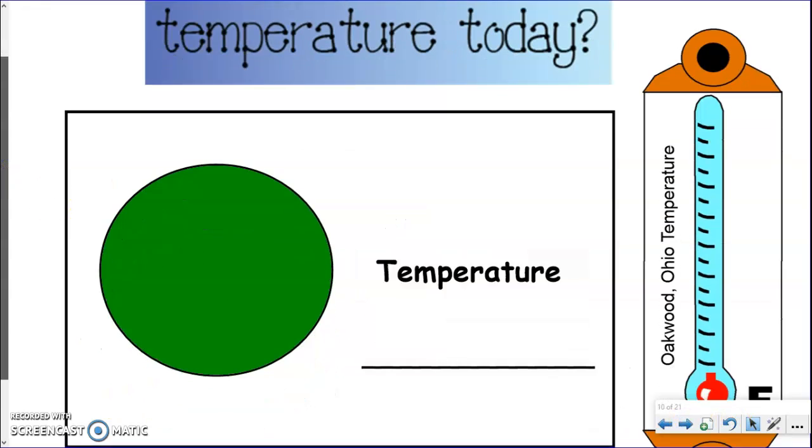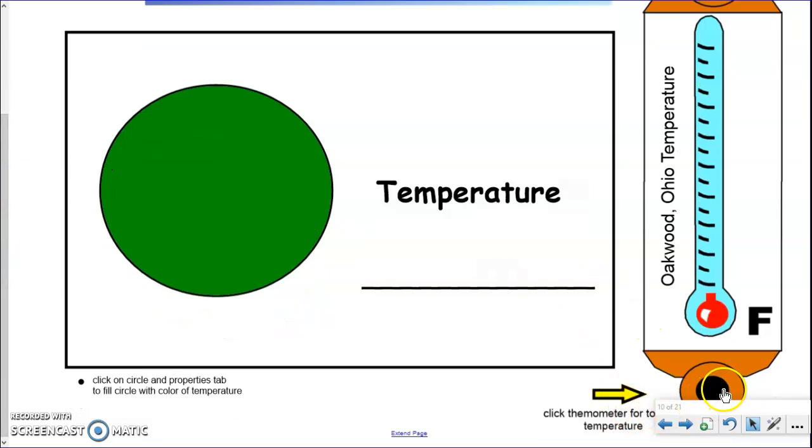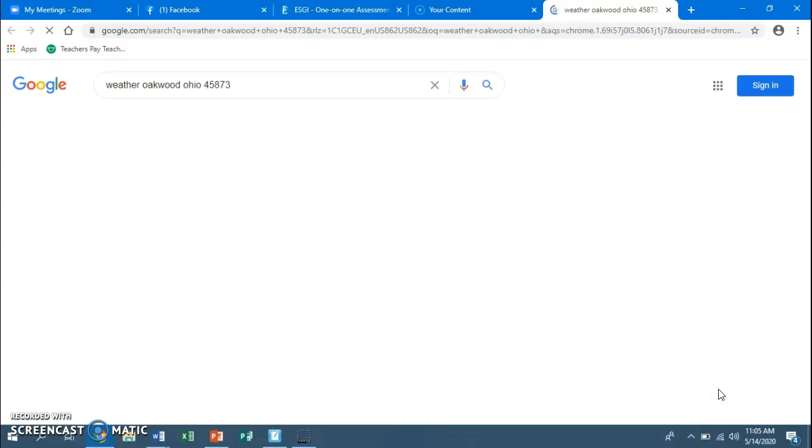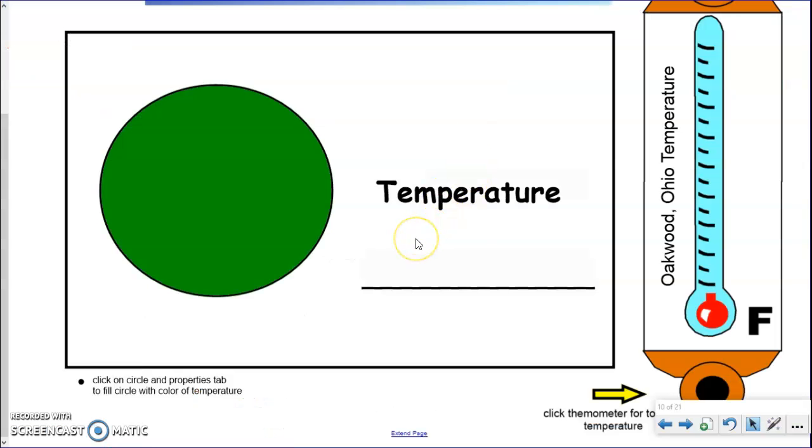All right, let's figure out what the temperature is right now in Oakwood, Ohio. In Oakwood, it says it is 64. It says the sun's not out right now, but that icy sun right now might go away. 64.